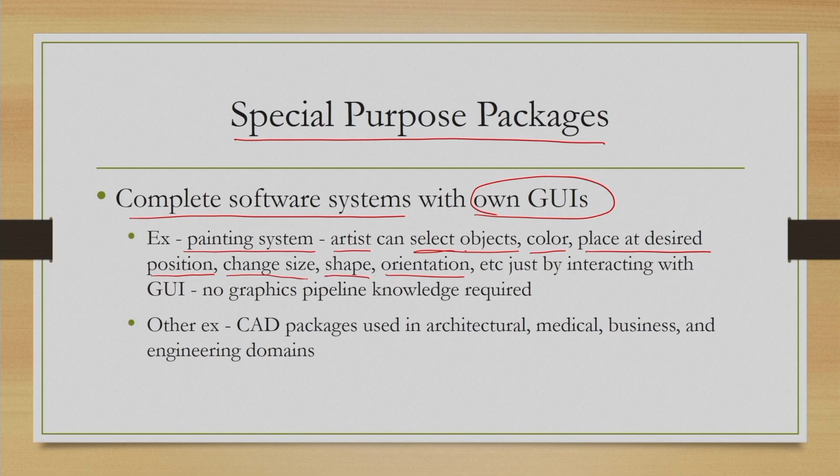And all this the artist can do by interacting with the user interface. So, there the artist need not know anything about the graphics pipeline or how it is implemented. These are examples of complete software systems or packages.